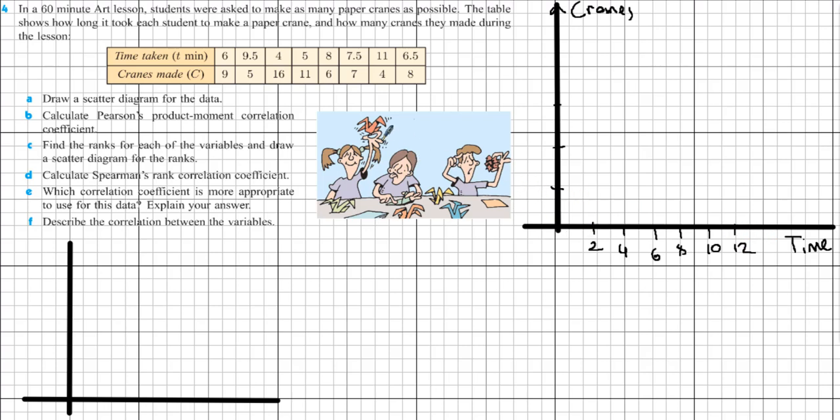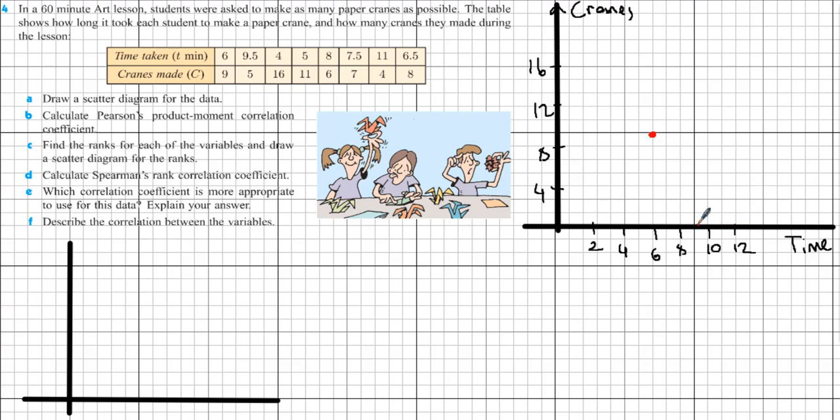Then I go with the cranes: 4, 8, 12, and 16. And we need to put the points. So 6 and 9, 6 and 9, somewhere here, correct.